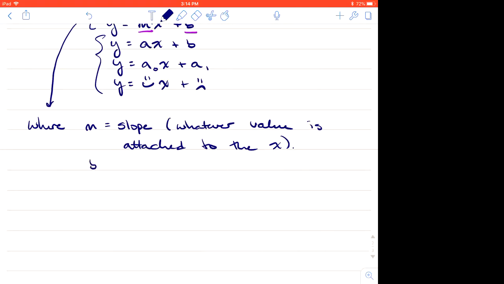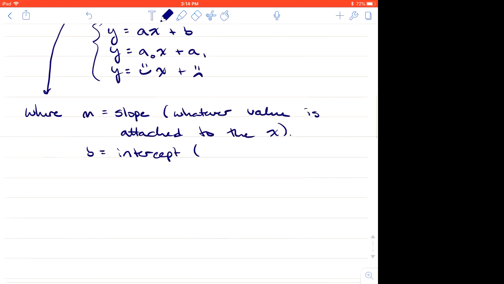Same idea, b is the intercept, and it's just whatever value is on its own.